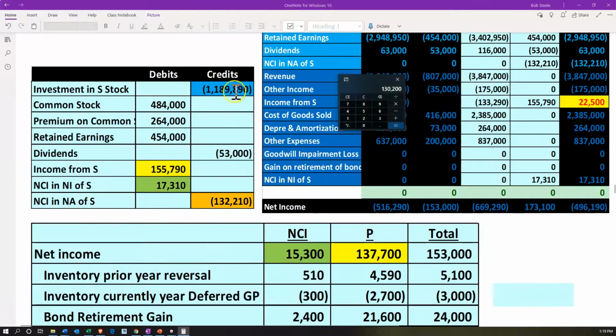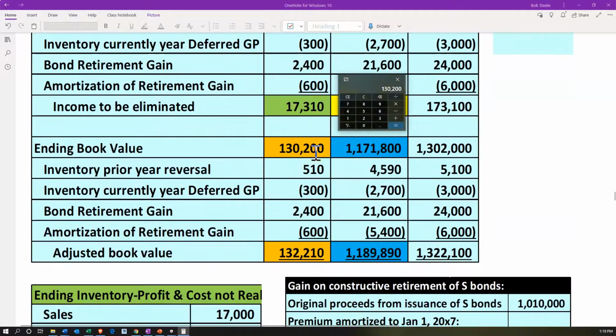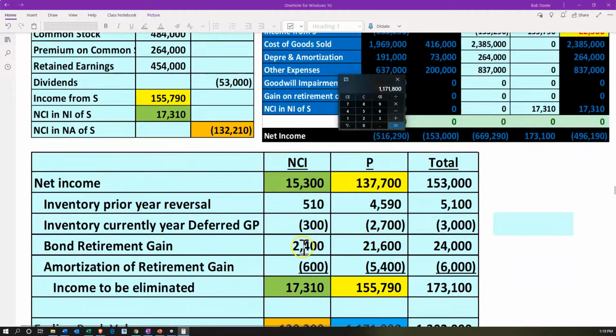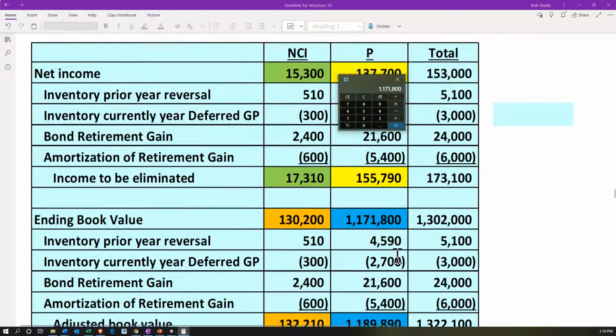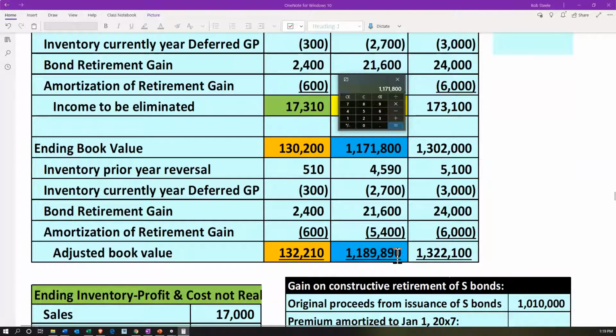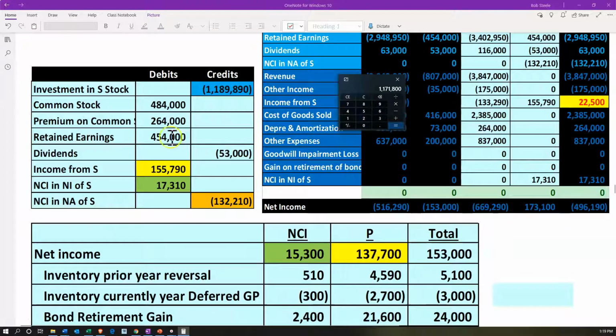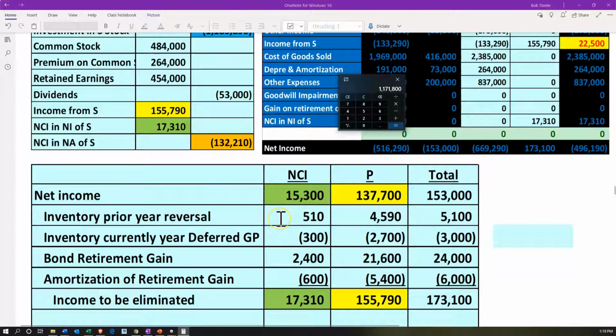And then this number up top, we're going to go back to it, would typically be the 130,200 times the controlling interest, the 0.9, right? That's our amount on the table here, but we're changing it to this number. So this is the number that we're changing it to, and so that's going to be this number up top. So in essence, if we were to add up the middle numbers, they have now changed to our adjusted equity.